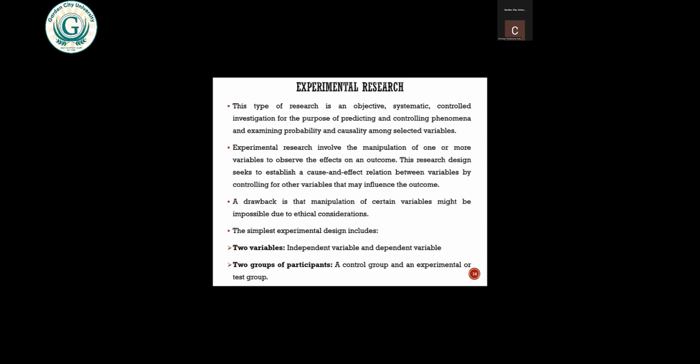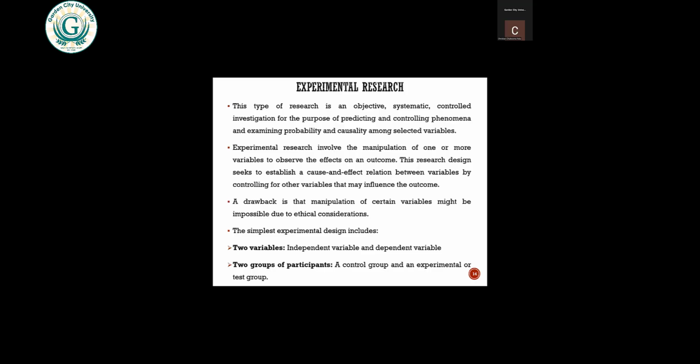So in essence, what you've done is that you have manipulated that variable, because you have given different doses of ferrous sulfate. And then you're going to see how that manipulation is going to affect the outcome.